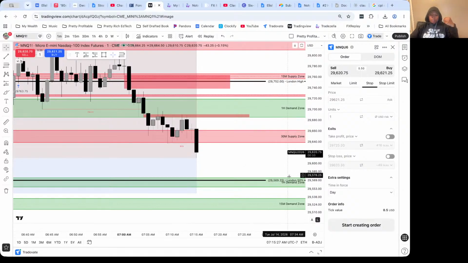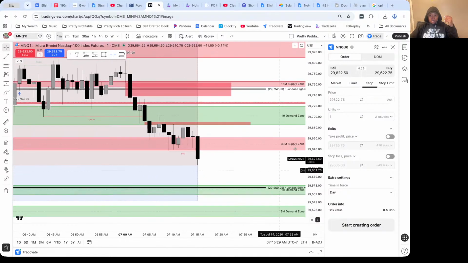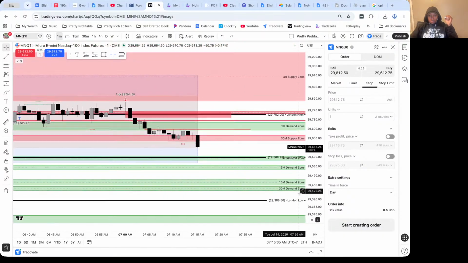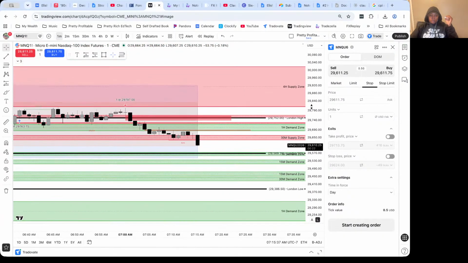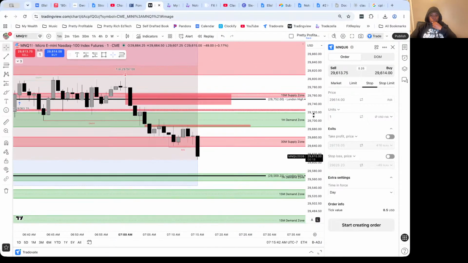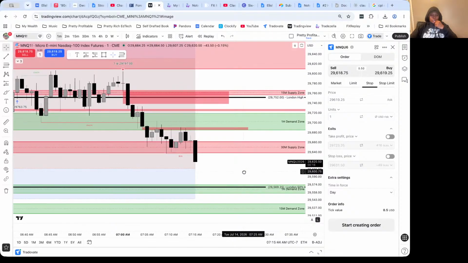I know this is good for our strategy, but if this is the London low, like if I zoom out. My question is, do I want to trade right now, during the Fed chair?